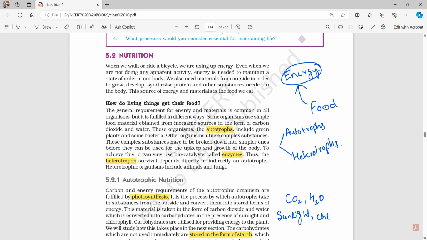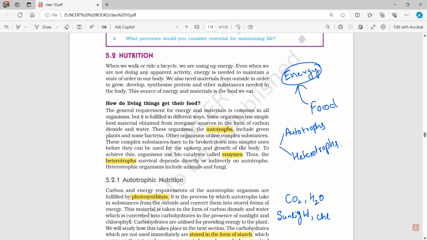The general requirement for energy and materials is common in all organisms, but it is fulfilled in different ways. Some organisms use simple food material obtained from the inorganic sources in the form of carbon dioxide and water. These organisms, the autotrophs, include green plants and some bacteria. Other organisms utilize complex substances.